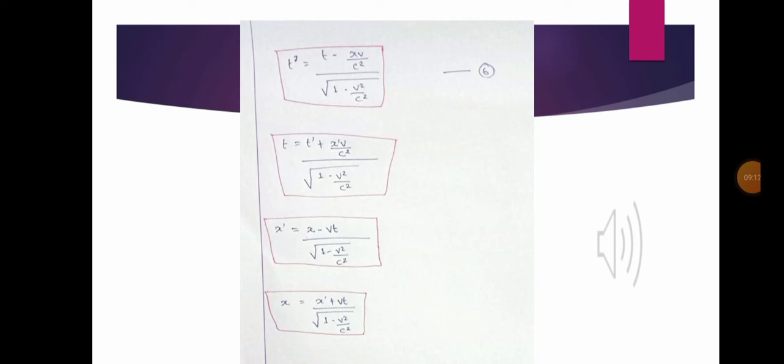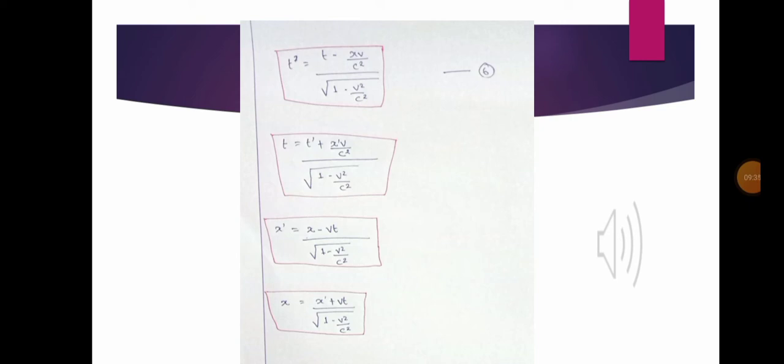Now put the value of lambda in equation number 7, and t dash becomes t minus xv upon c square, upon root over 1 minus v square by c square. This is the Lorentz transformation equation. In the other frame, t dash is replaced by t, and v becomes negative. Now t equals t dash plus x dash v upon c square, upon root over 1 minus v square by c square.